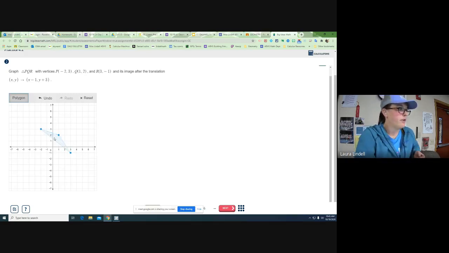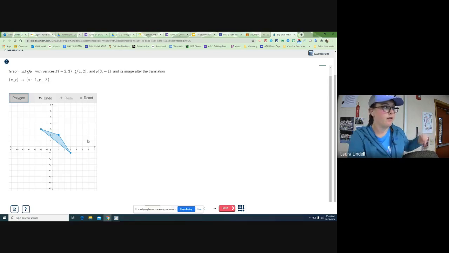Then we want to graph another shape. We want to translate this with x minus 1, y plus 3. So that means I'm moving to the left 1 and up 3. So left 1, up 1, 2, 3, and click. Then I go over here. Left 1, up 1, 2, 3, click.